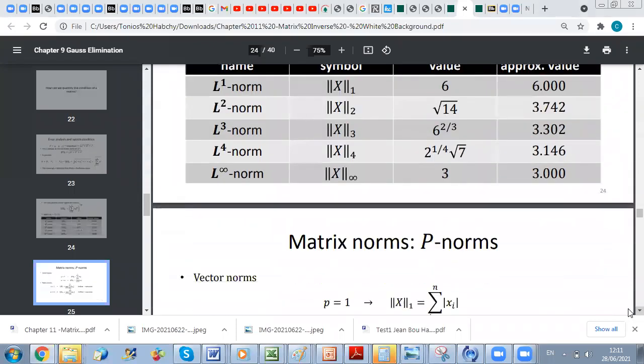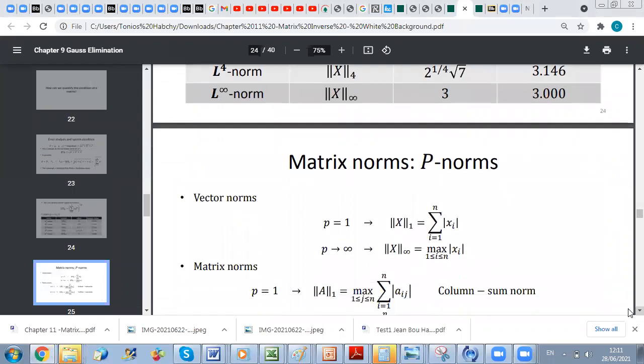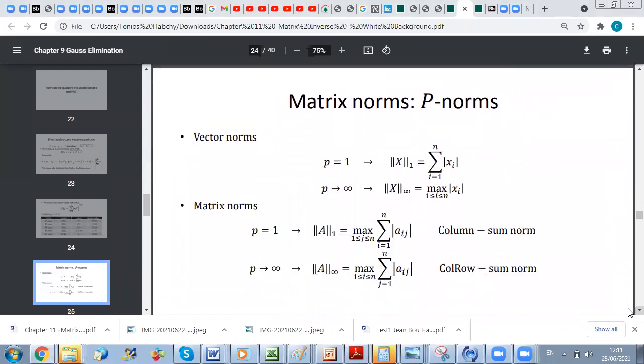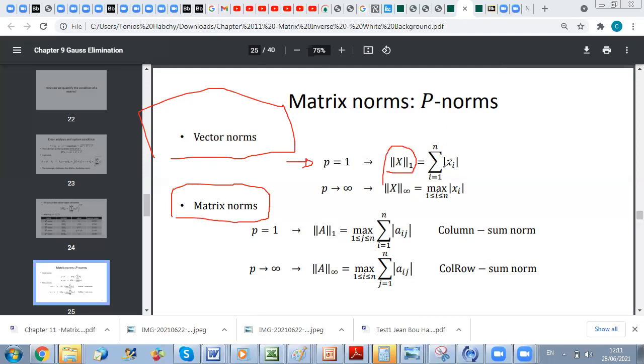So now, for matrix norms, we have two possibilities. First, as we said, we have vector norms, which we defined now, and we have matrix norms. Now, if you consider p equal 1, the norm defined with base 1 is the summation of the absolute values of the elements of the vector.